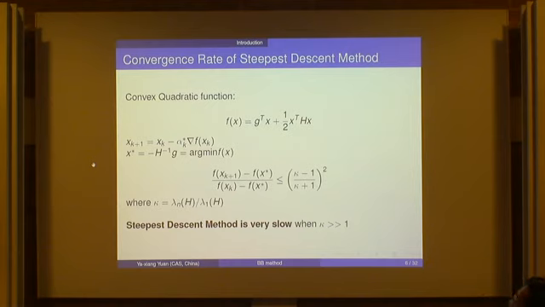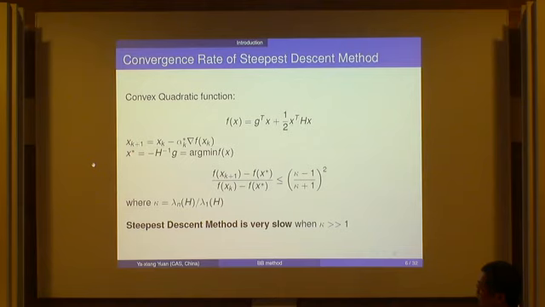Even for a convex quadratic function, the simple case, you can prove the convergence rate is linear, and the fraction by which you reduce depends on the condition number, defined as the largest eigenvalue divided by the smallest eigenvalue of the second-order matrix, the Hessian of the objective function.